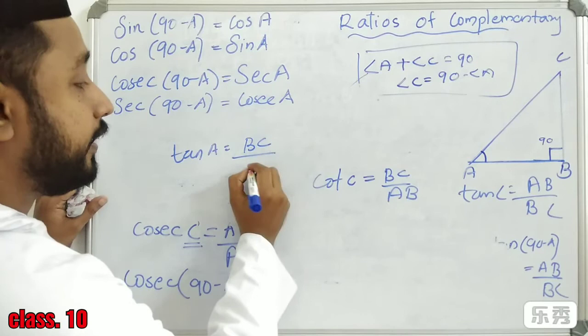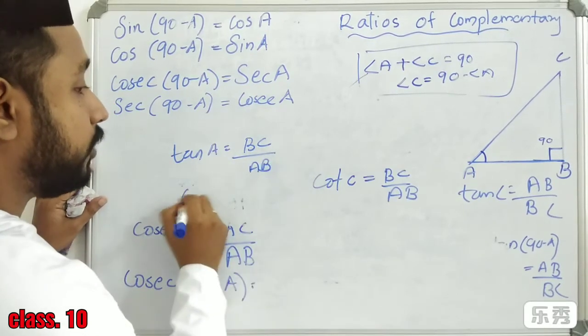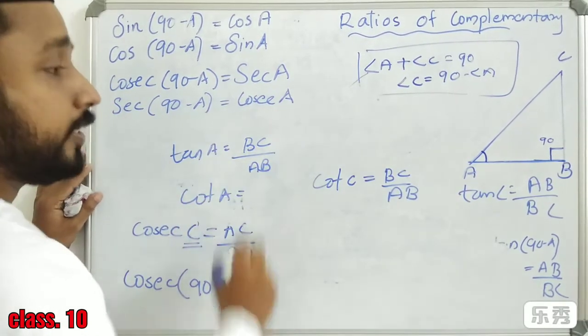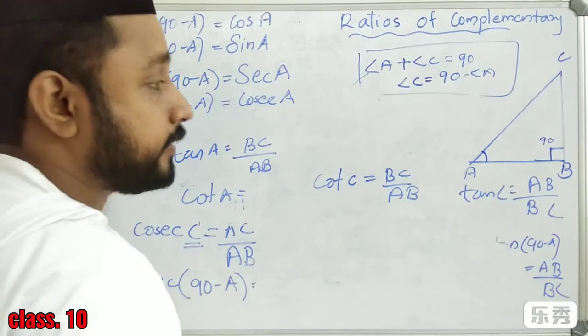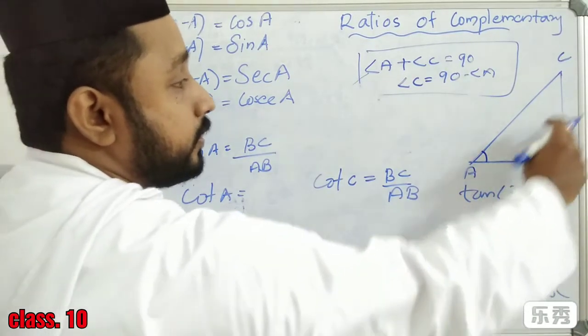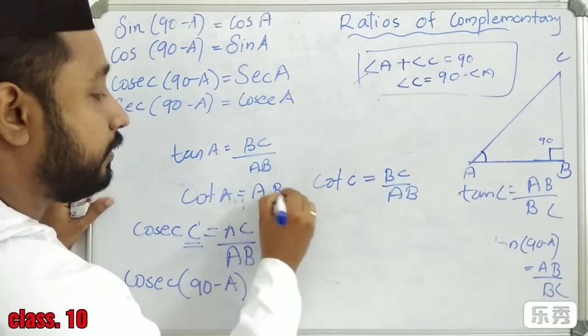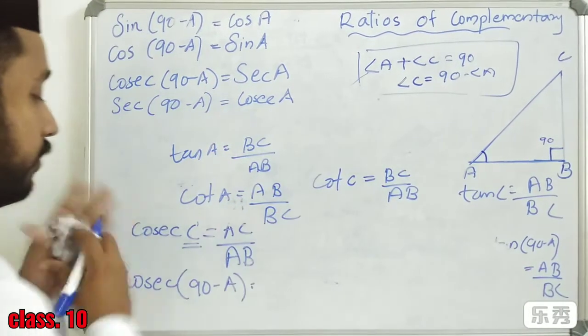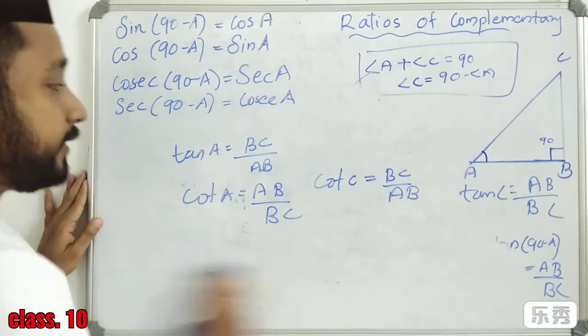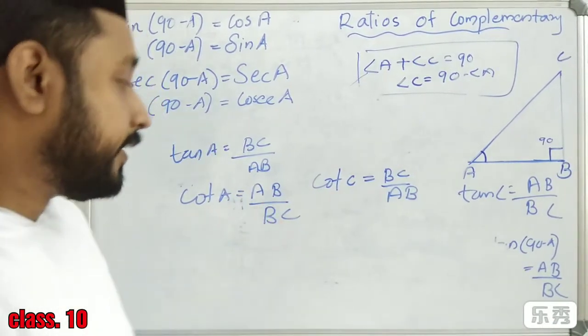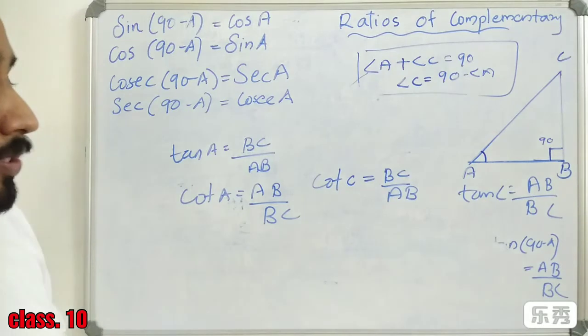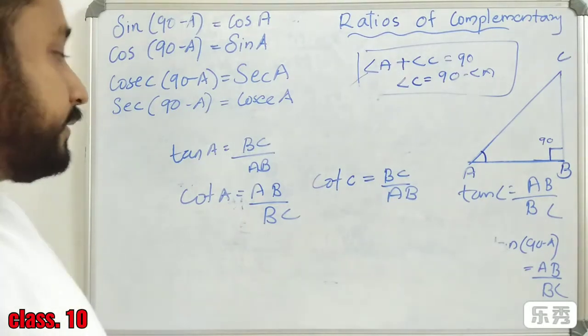And cot A is adjacent side by opposite side, so AB by BC. So we got tan A is equal to BC by AB, cot A is equal to AB by BC, cot C is equal to BC by AB.